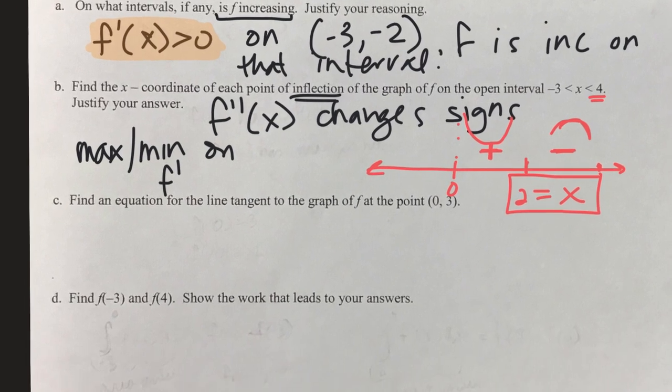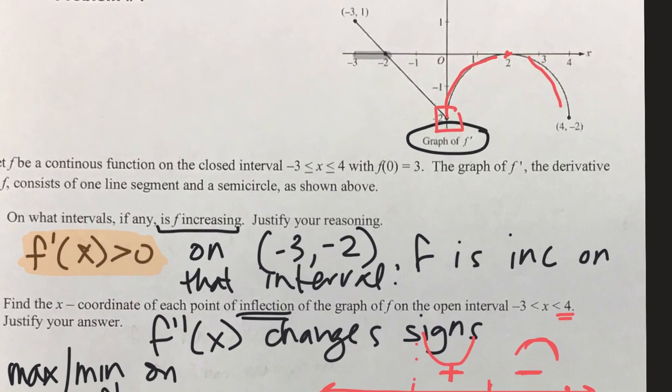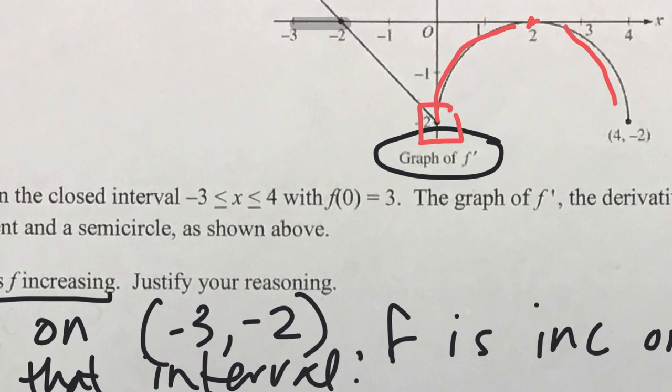Part C says write an equation for the line tangent to the point at 0, 3. Well, that's good. We've already been given the point on the tangent, right, 0, 3. So we basically only need to find the slope of our line at 0. To find the slope at 0, we go to our graph and pick out the y value. What is the y value when x is 0?